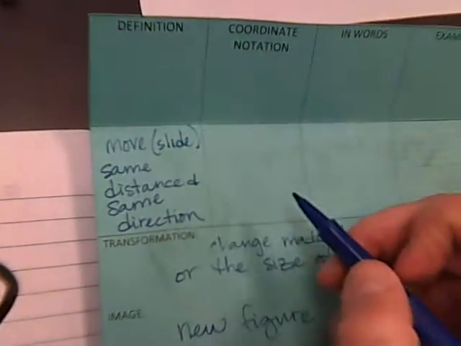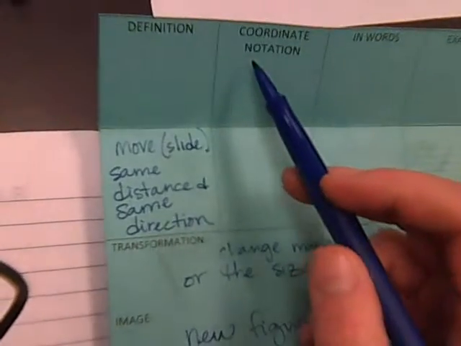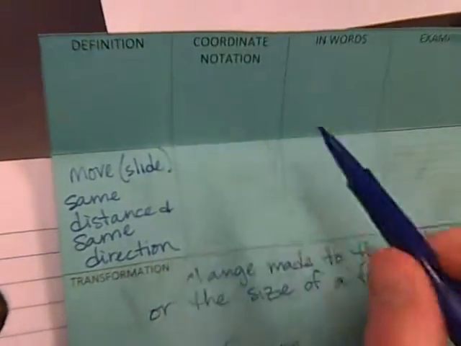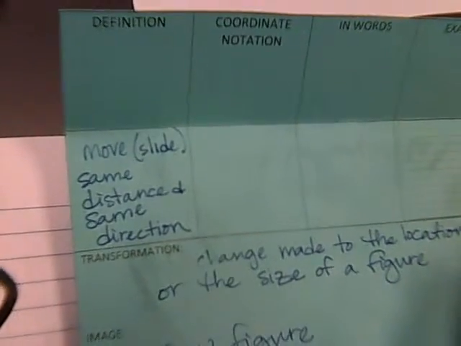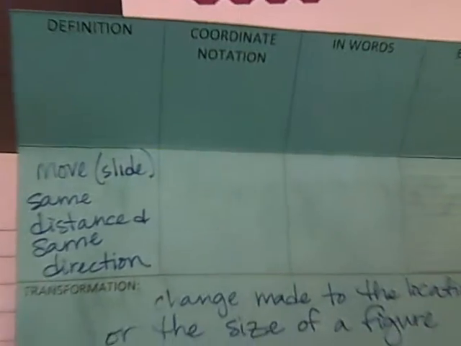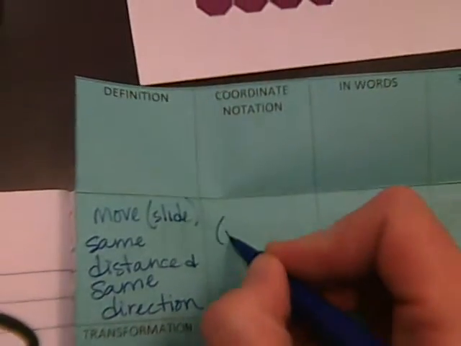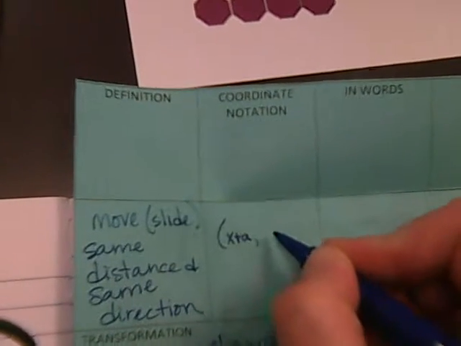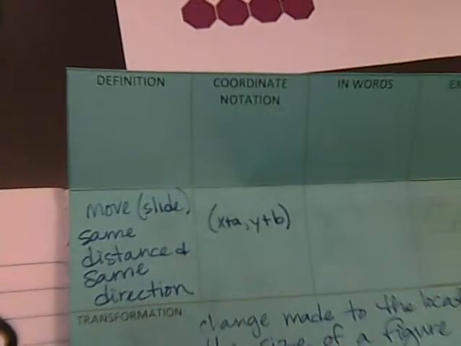Now, granted, if I see a graph, I can move that however many spots it wants me to, but sometimes they ask for coordinate notation, meaning without actually doing the movement, tell me what the coordinates would be. If you take a look at page 730, they show coordinate notation by saying (x plus a, y plus b).